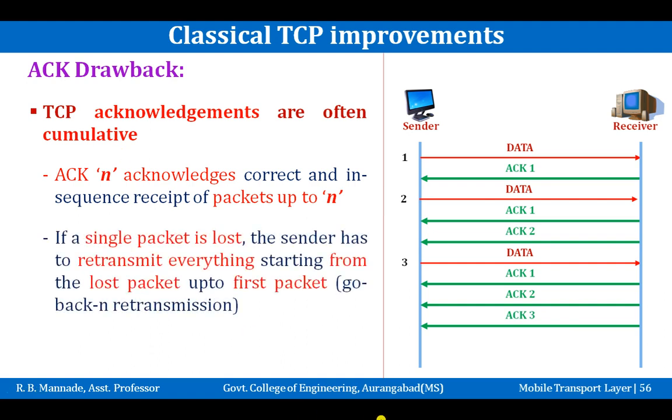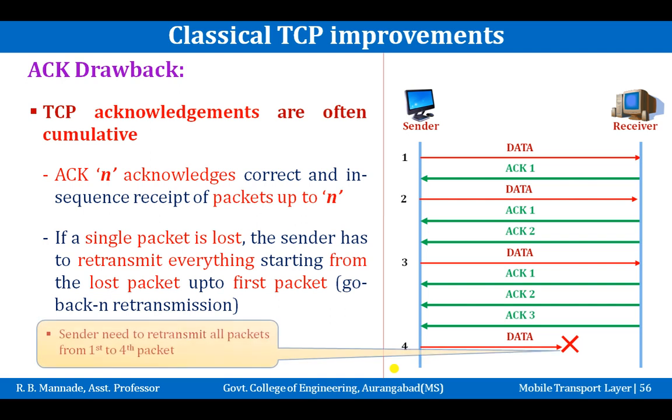What is the drawback? Suppose a single packet is lost, then the sender has to retransmit everything from the starting packet up to the lost packet. Suppose this is the fourth packet the sender wants to send to the receiver, but due to some transmission errors, it is not delivered. In this case the receiver doesn't give any acknowledgement to the sender.